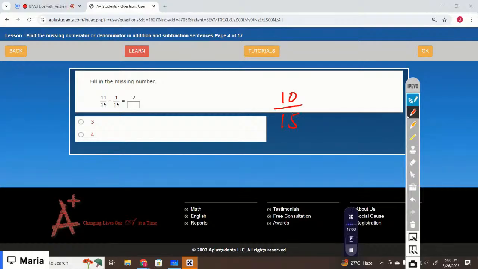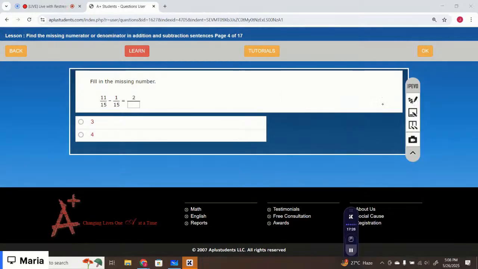Divide them by the common number, that is 5. 10 divided by 5 is 2 and 15 divided by 5 is 3. So the correct option is 2 over 3. Option number 1 is the correct option. The missing number is 3.